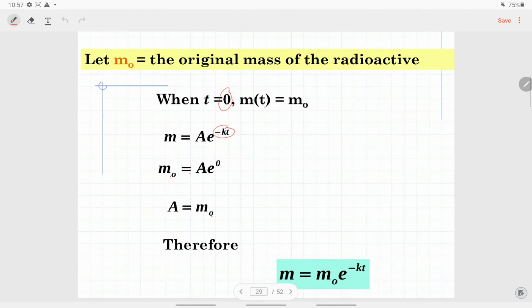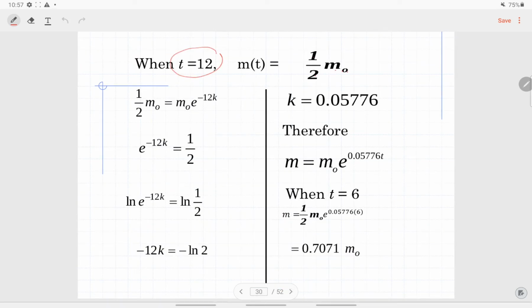We know that M equals M naught exponential negative kt. So M is 1 over 2 of M naught. So we substitute, and we can cancel M naught. So exponential negative 12k equals 1 over 2.